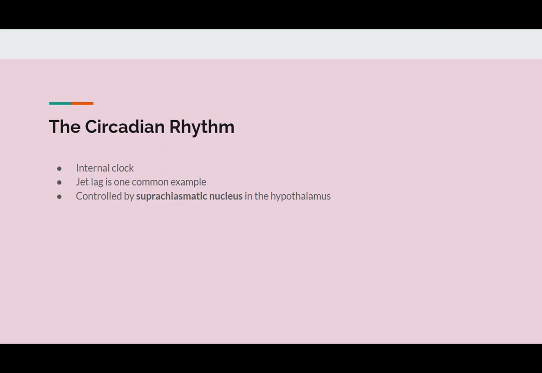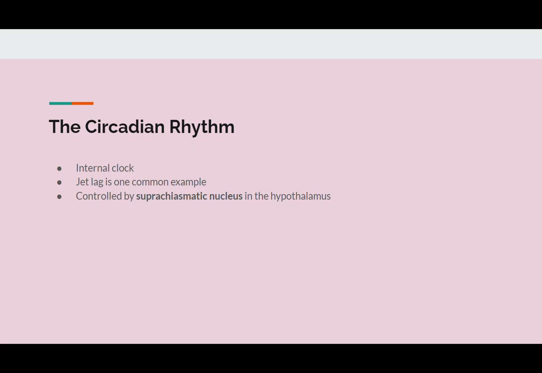Our thinking is sharpest, with memory being the most accurate, when we are at our peak in circadian arousal. You may not think so, but you're actually very familiar with your circadian rhythm. For example, jet lag is one of the most common examples demonstrating the importance of circadian rhythm. Because of the different time zone, we feel thrown off and are usually tired, because jet lag disrupts the circadian rhythm.